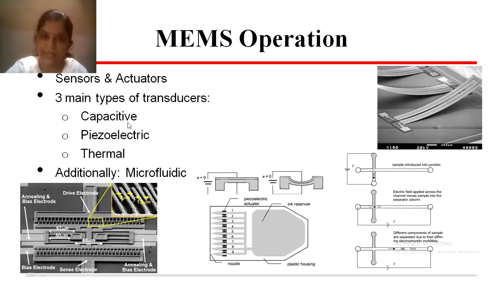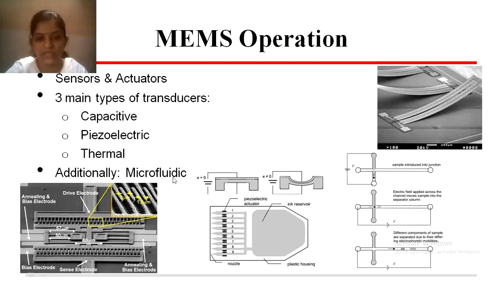Here capacitive transducers are also used. According to the variation in the gap between the plates of the capacitor, the signal is going to vary at the output side. Here the capacitance effect is shown in this diagram.